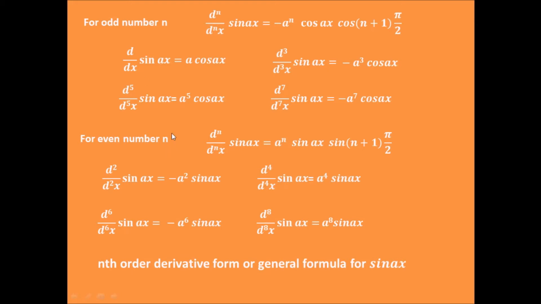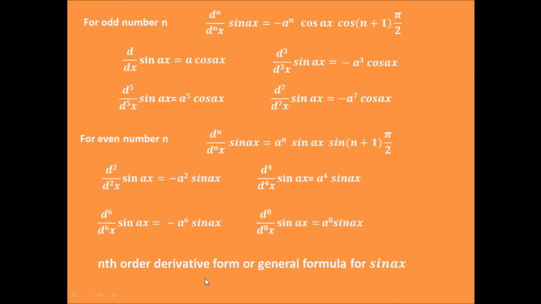However, we can put the odd number derivative and the even number derivative together, because when n is an odd number, n plus 1 becomes an even number, so sine of (n plus 1) pi divided by 2 will be 0. Similarly, for the even number n, the cosine term becomes 0.